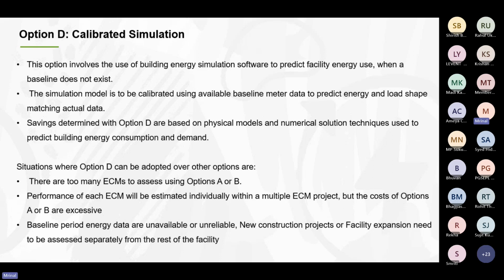The simulation model needs to be calibrated using available baseline meter data to predict energy and load shape, which is matching with the actual data. Option D is applicable when there are too many ECMs to assess using option A and option B, or when the baseline period energy data are unavailable.